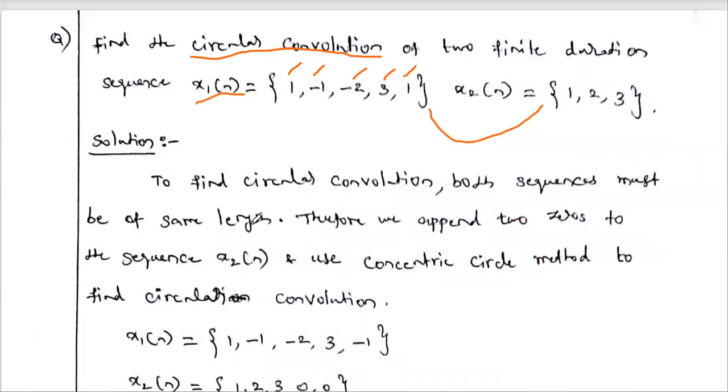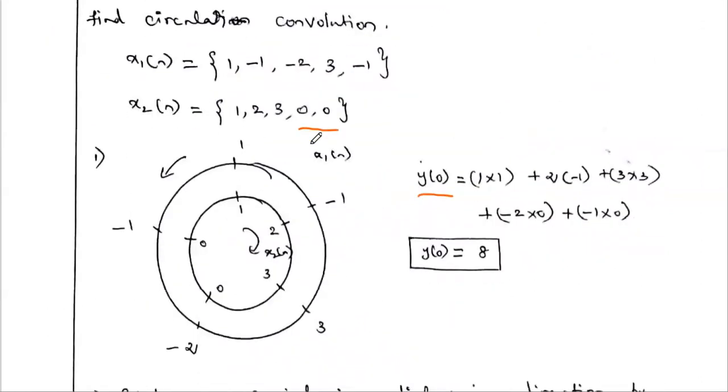If this is asked as a 2 mark question, don't use the concentric circle method; use the matrix method only. But sometimes the question says to use the graphical method or the matrix method, and then we have to use that particular method.